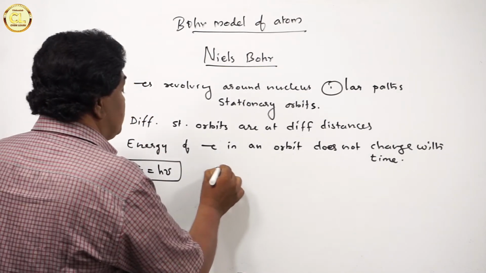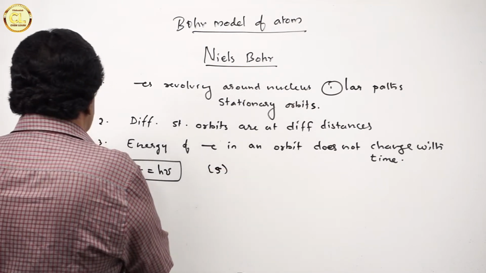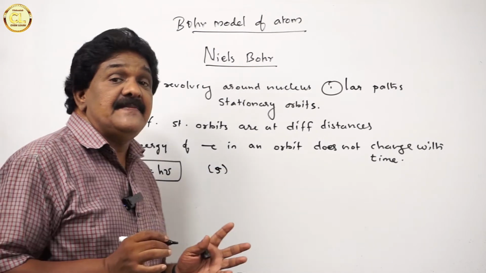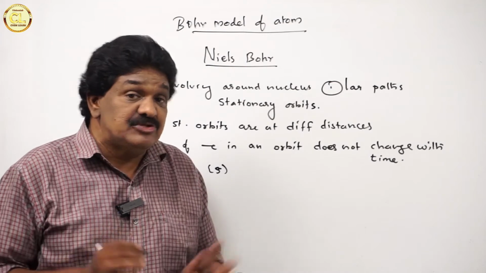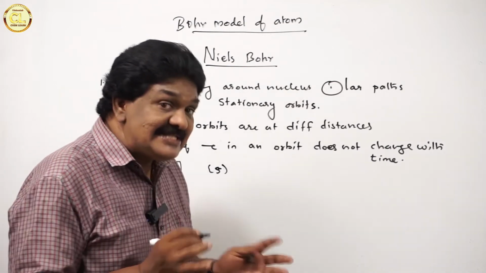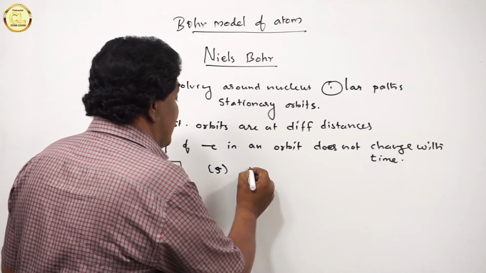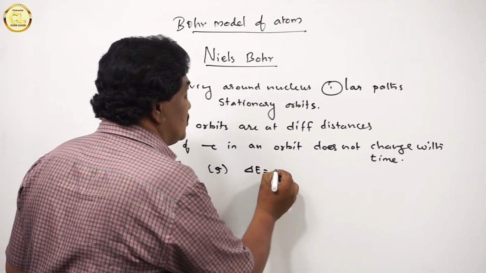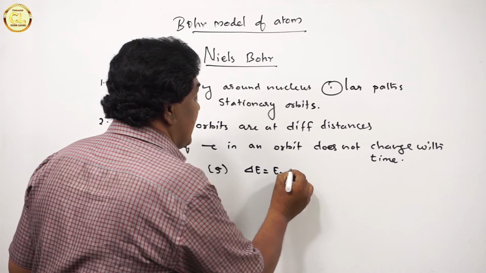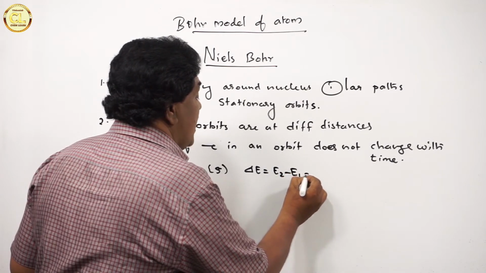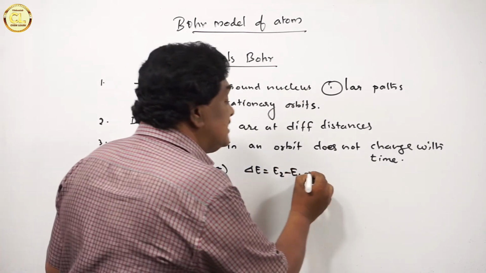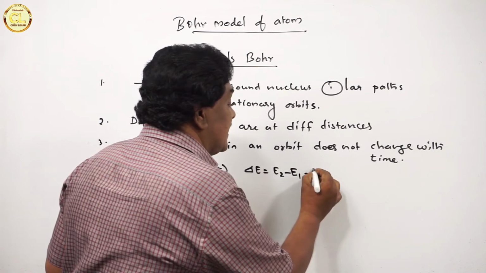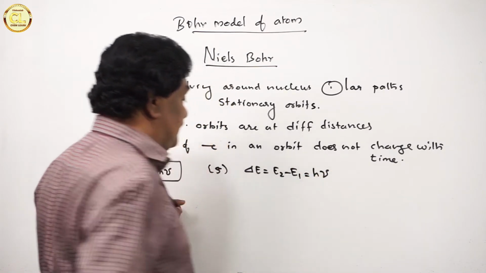Then the fifth point. The difference in energy between two adjacent stationary levels can be expressed by the equation ΔE = E2 - E1, and this energy is equivalent to hν.